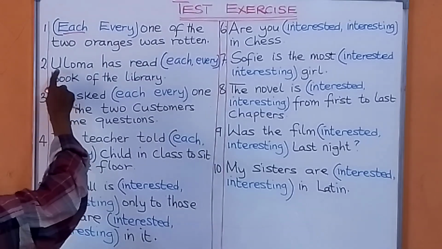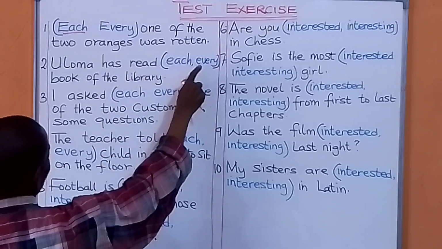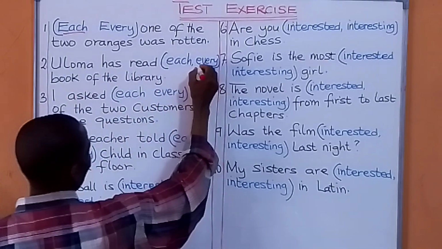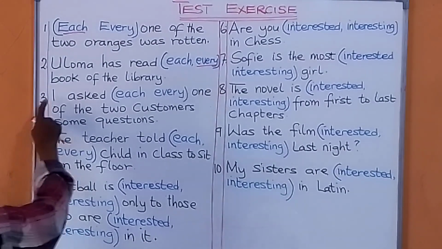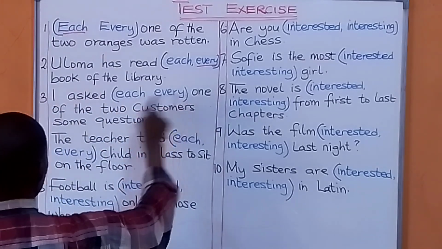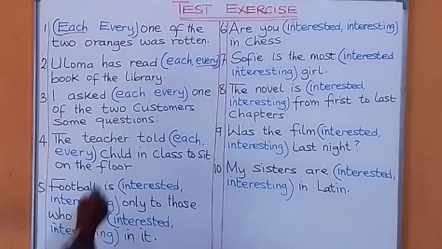Let's look at number two. Uloma has read each, every book of the library. What are we going to put there? Uloma has read every book of the library. Look at number three. I asked each, every one of the two customers some questions. What are we going to put there?